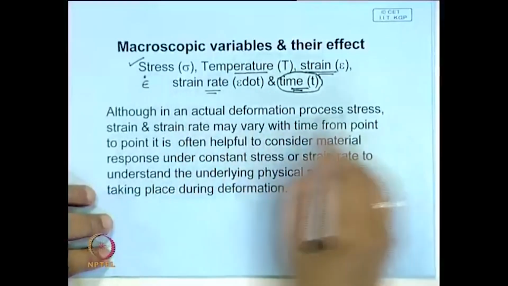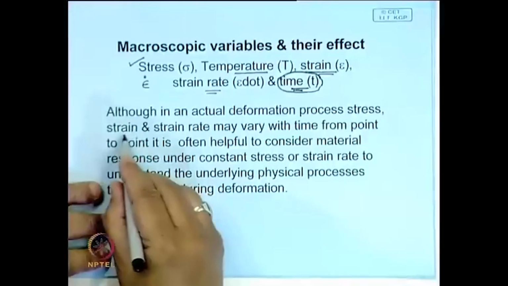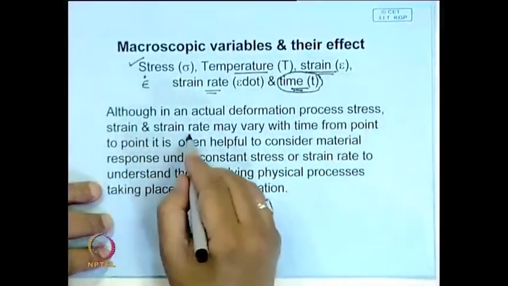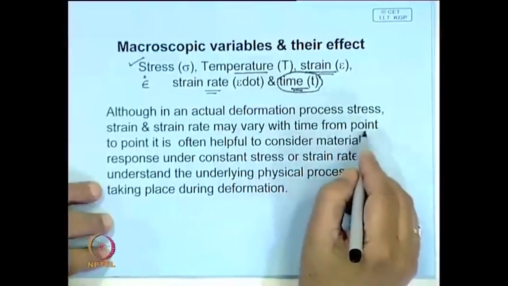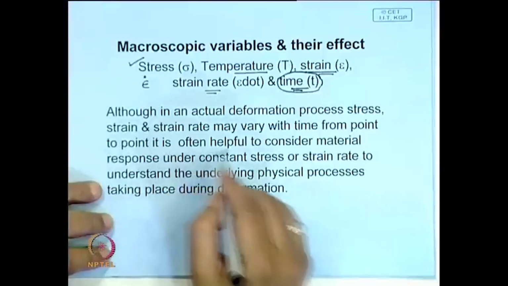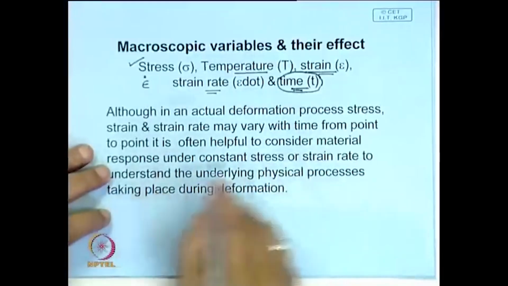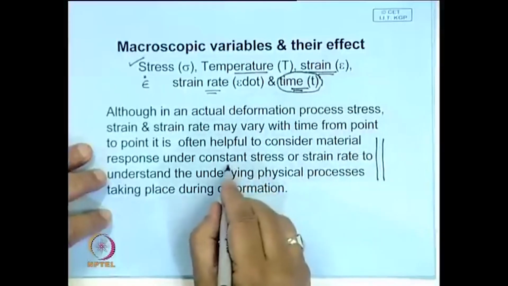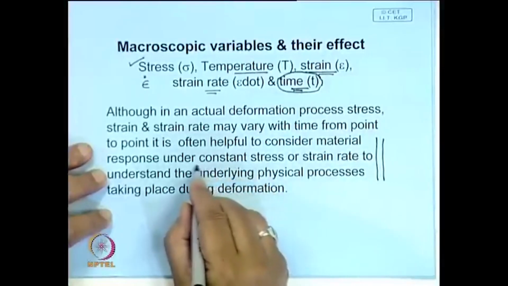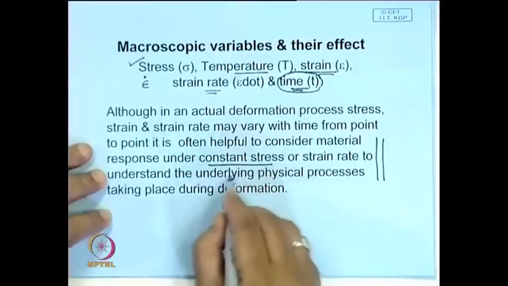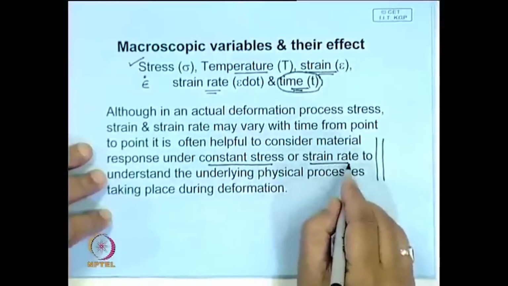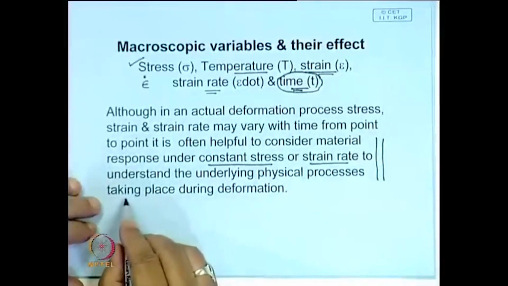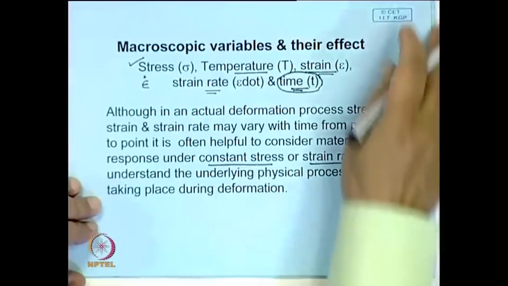Although in an actual deformation process these variables, particularly stress and strain rate, may vary with time from point to point, often, to understand the material response, we assume that the deformation takes place under either constant stress or constant strain rate, to understand the underlying physical processes that take place during deformation.